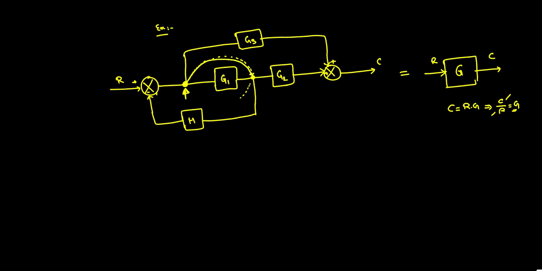When you put this particular point here, the effect of G1 will come into picture. So the effect of G1 we have to remove. To remove the effect of G1, what we do is very simple. So same thing I'll write, this is say R, and where I'm transferring this, only G1 will be there.